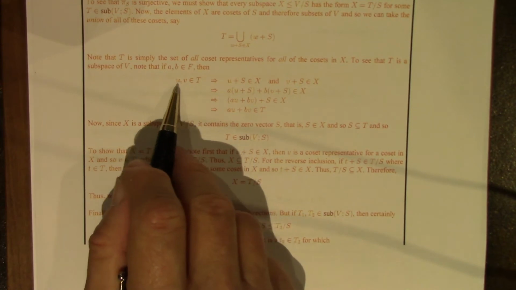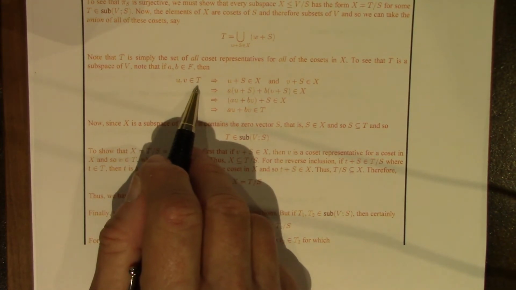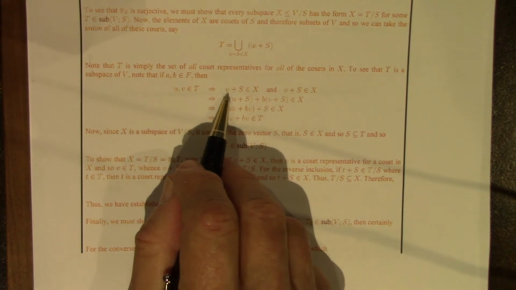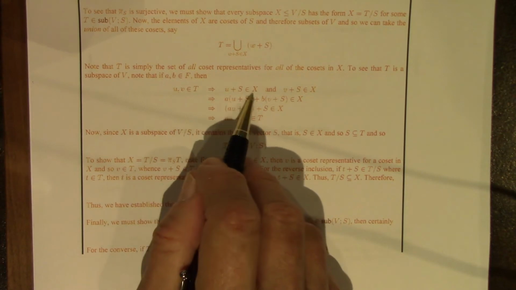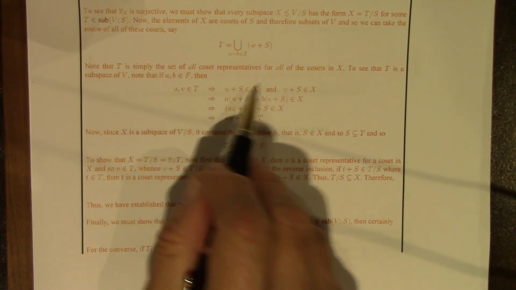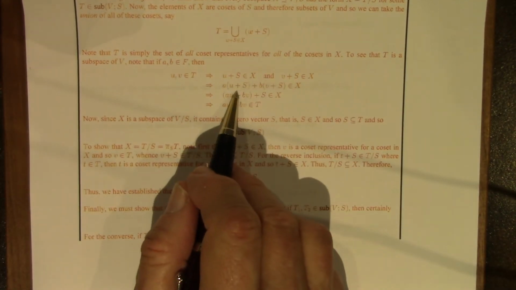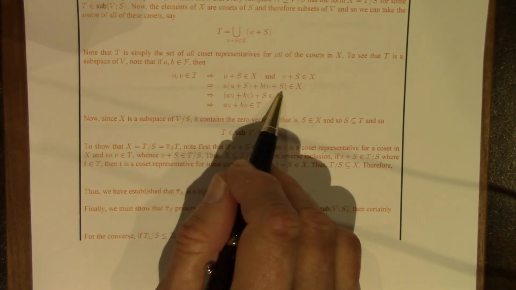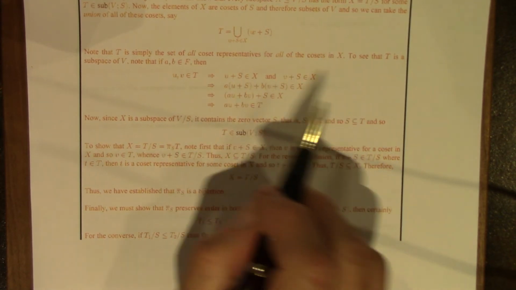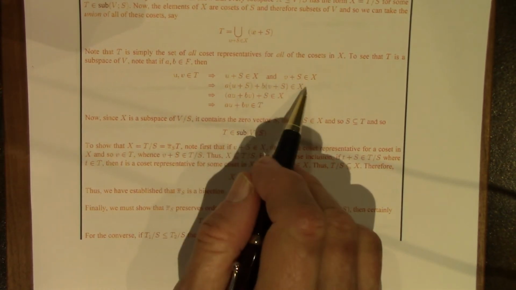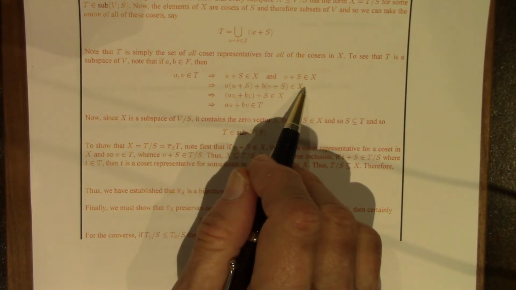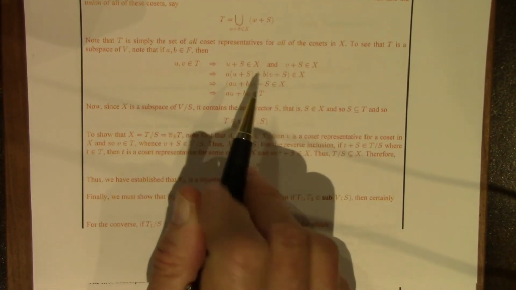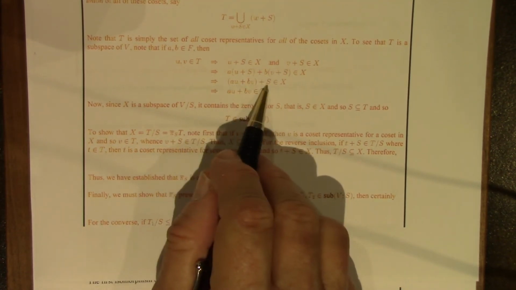And here's the proof. If u and v belong to T, then that means that u and v are coset representatives for cosets in X. So u plus S is in X, and v plus S is in X. And therefore, an arbitrary linear combination of these two cosets also belongs to X, because X is a subspace of V mod S. This can be written this way.